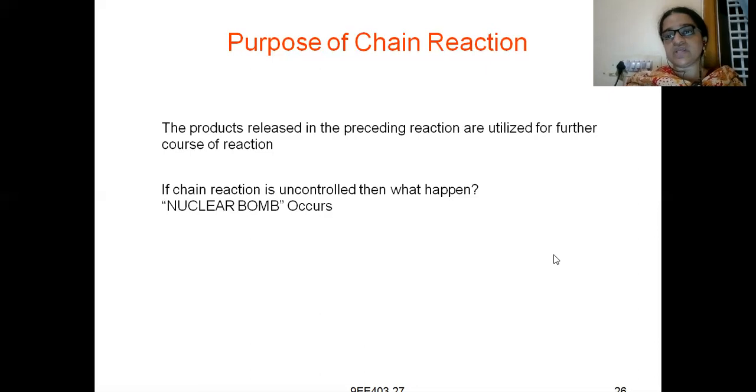So usage of this chain reaction should be done in a proper manner so that it does not turn into a nuclear bomb. One example is, in the Second World War, how Hiroshima and Nagasaki of Japan were affected till now.